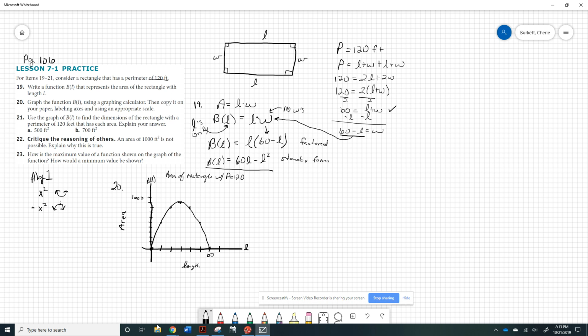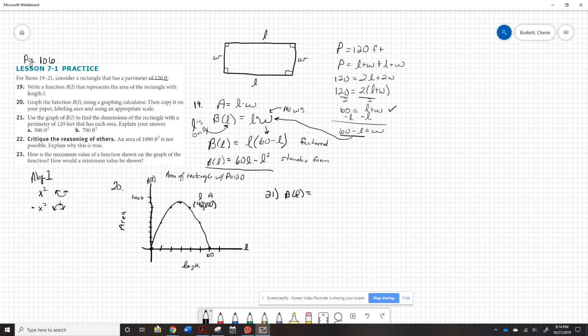Use this graph for number 21 to find when the area, what is the length? By the way, this point right here was what? 40, 800. That means when the length is 40, the area was 800. That's what that represents. A length of 40 and an area of 800.